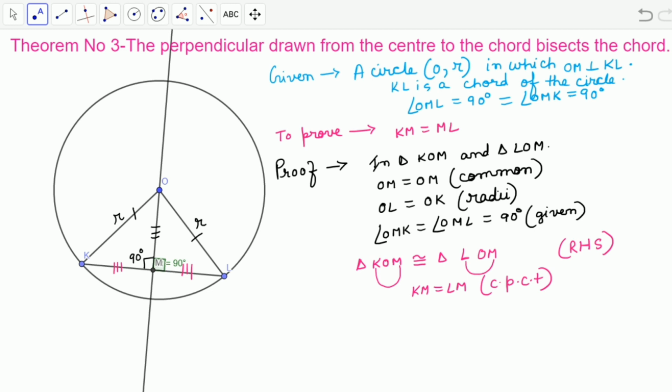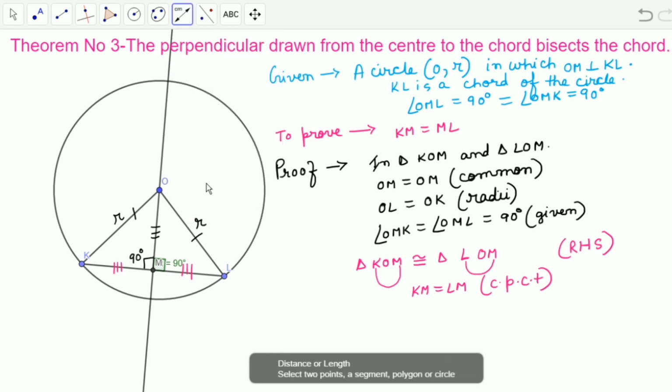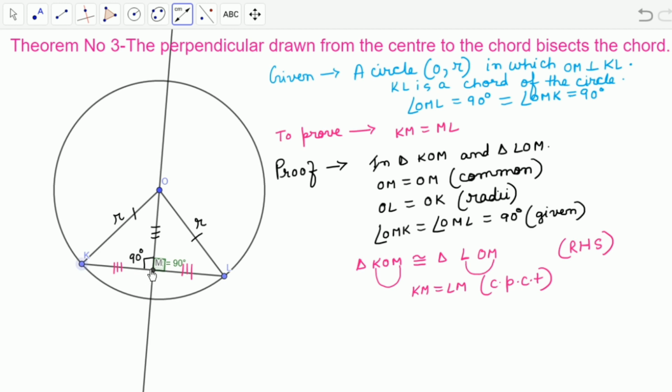We can see also, if we measure the length of KM, we find 2.42, right? And LM is also 2.42.